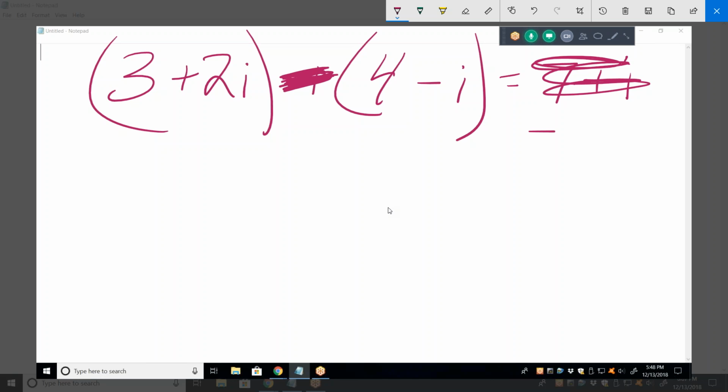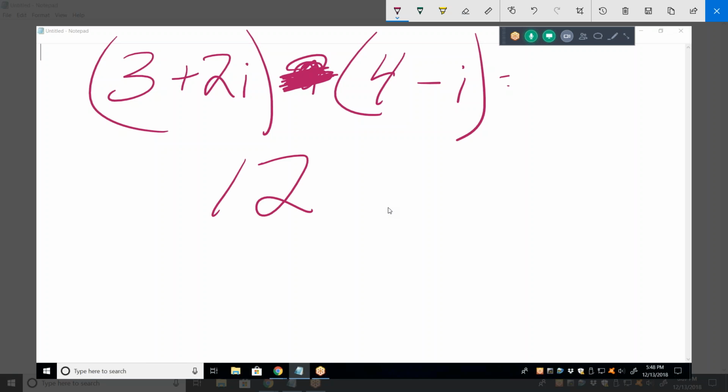Negative 1 plus 3i. Okay. Multiply them by foiling them. 3 times 4 is 12. 3 times negative i is negative 3i. 2i times 4 is 8i. 2i times negative i is negative 2i squared.